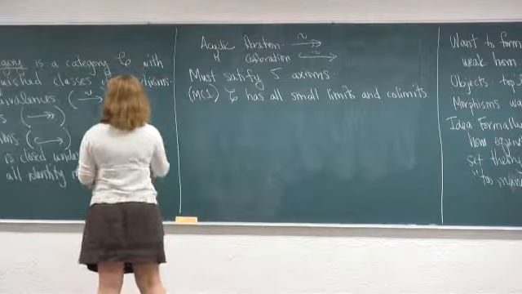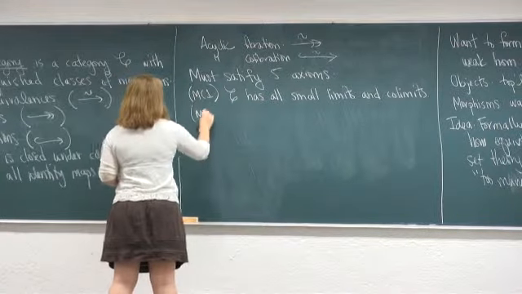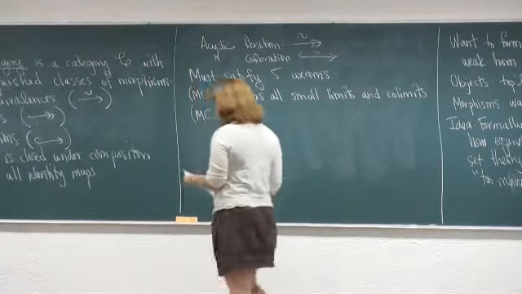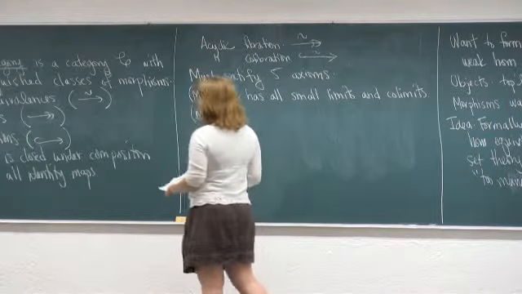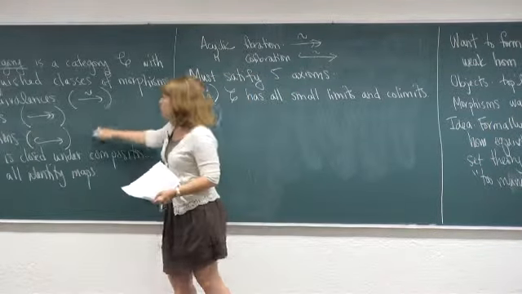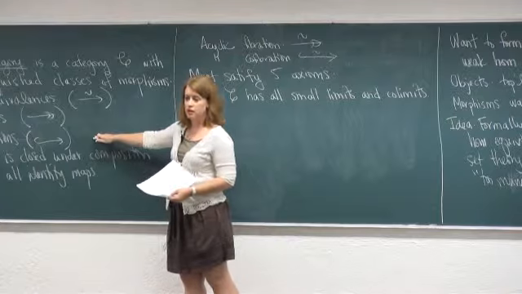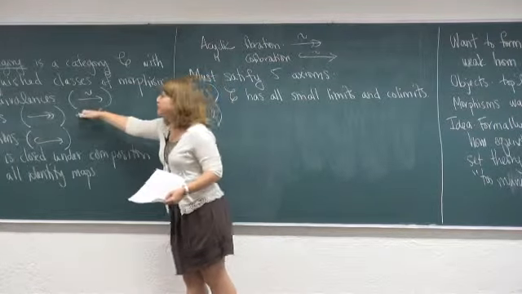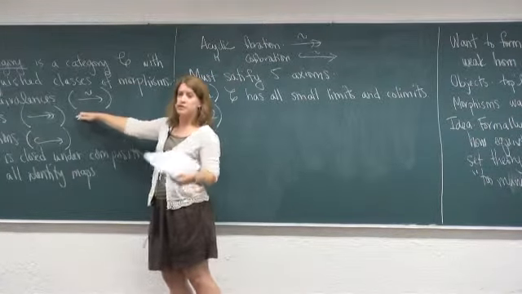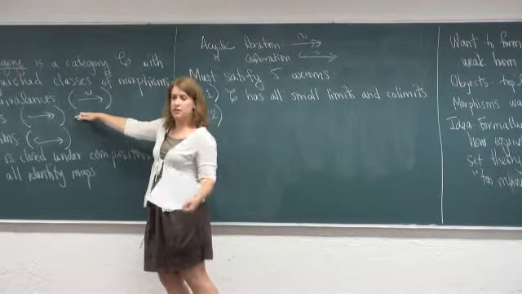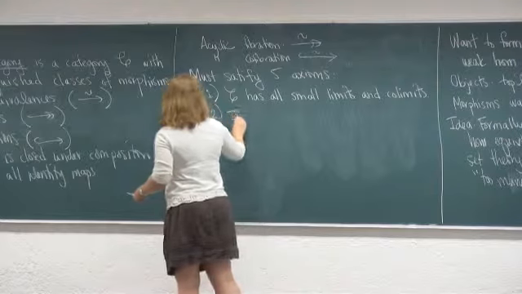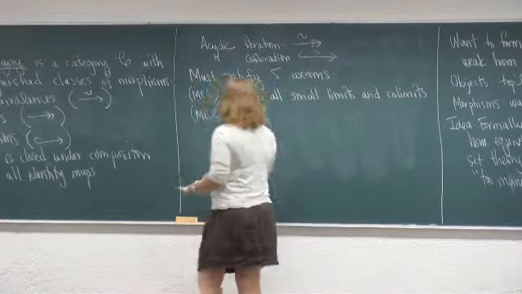Okay, and then the remaining axioms are really more to do with this additional structure. The second axiom: we know that all three classes are required to be closed under composition. So if I have two maps that are fibrations, I compose them, I still get a fibration. That doesn't change, but we want something a little bit stronger on the weak equivalences.